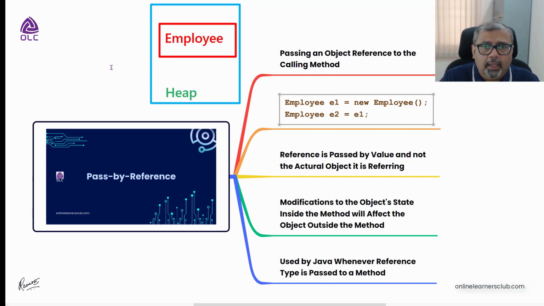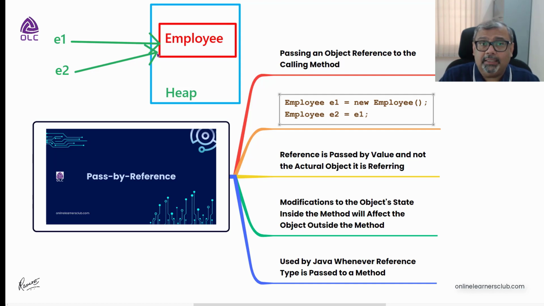There is a variable called e1 of type Employee, which is created, and this variable is pointing to this particular employee object. This is a very important concept that we need to understand. And the moment you create another variable e2, also of type Employee, it is also pointing to the same employee object. This is very important.